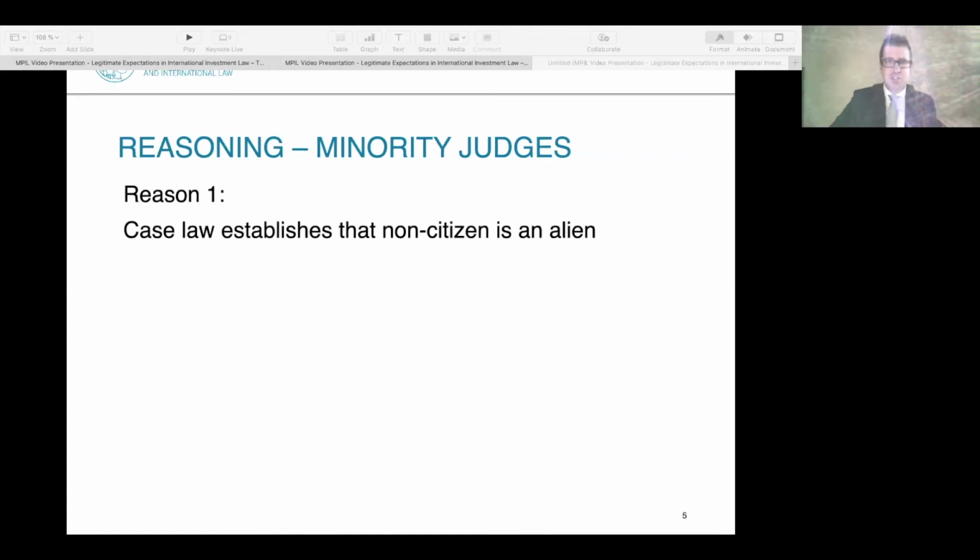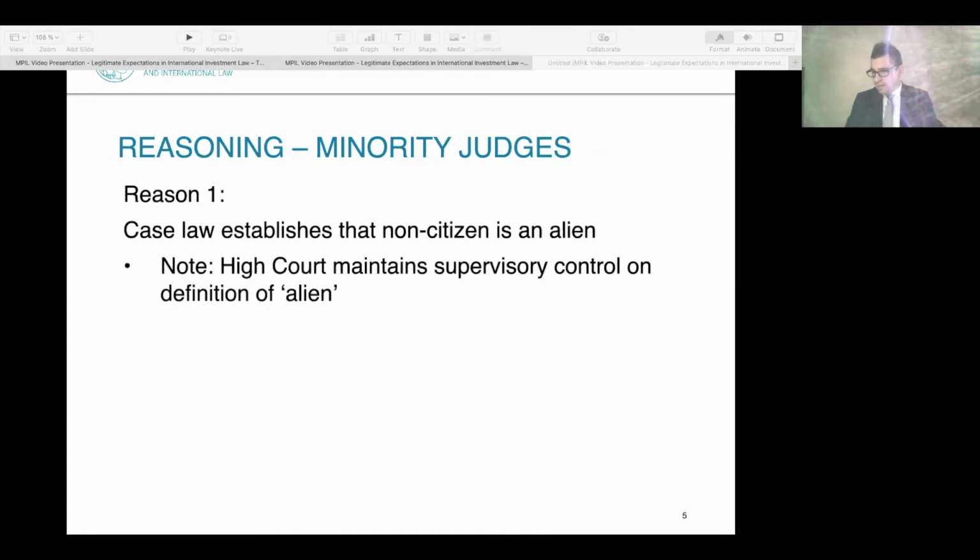Now, the minority judges said this: we recognise that if we define the word alien to mean non-citizen, and the meaning of the word non-citizen is something that the parliament can decide, then it's really the parliament that's deciding the meaning of the word alien in the Constitution.